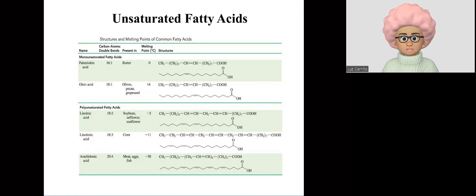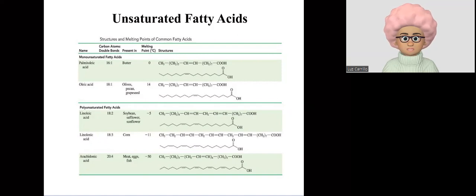And if a fatty acid only has one carbon-carbon double bond, that is known as a monounsaturated fatty acid, as we can see here. The two examples that we have of monounsaturated fatty acids are palmitoleic acid, which contains 16 carbons and one double bond. Then we have oleic acid, which has 18 carbons and one carbon-carbon double bond.